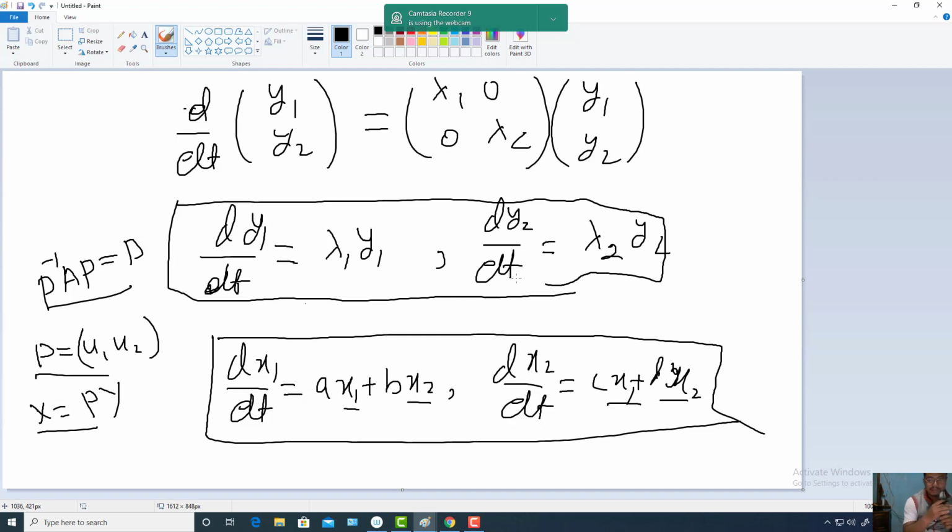The only thing is that we are studying the dynamical behavior of the fixed point, we are studying the dynamics. The dynamical behavior of this equation is exactly equal to the dynamical behavior of this equation. This is a very complicated system of differential equations, but this one is very simple.